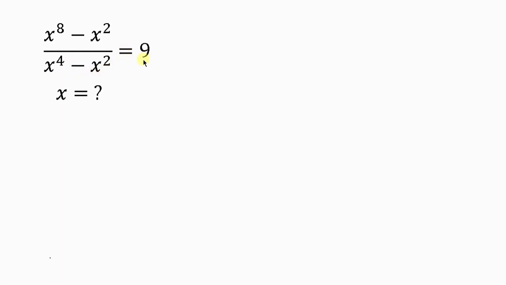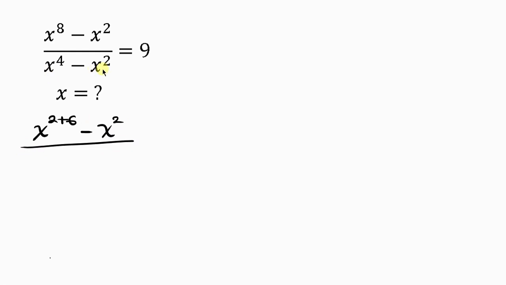Now notice that from the numerator, x squared is common. So that means x to the 8 is the same as x to the 2 plus 6, because 2 plus 6 is 8, minus x squared, all over.